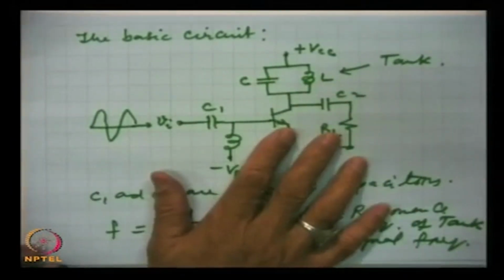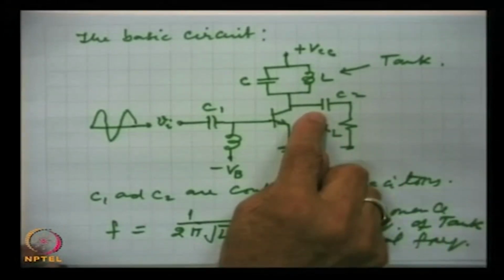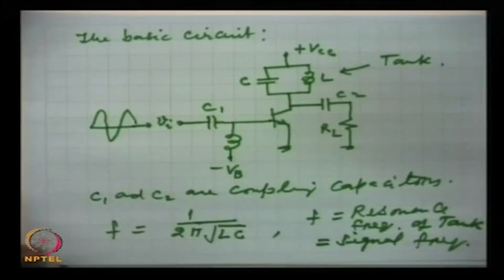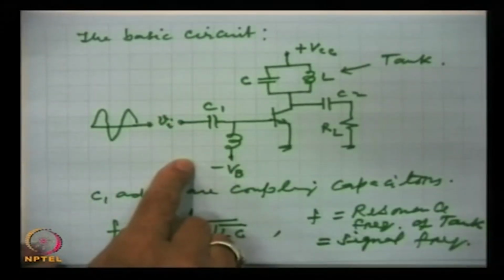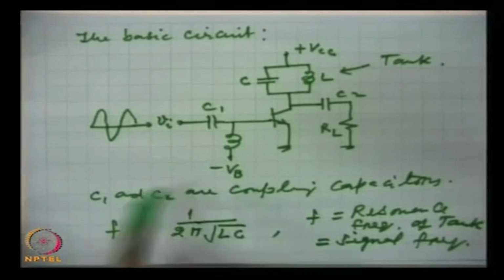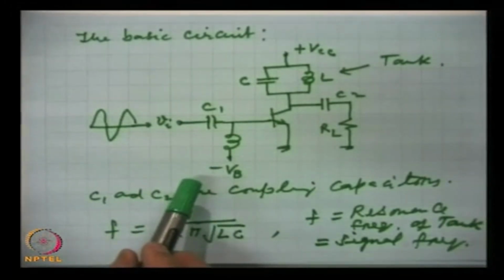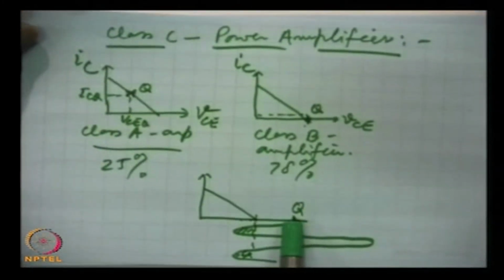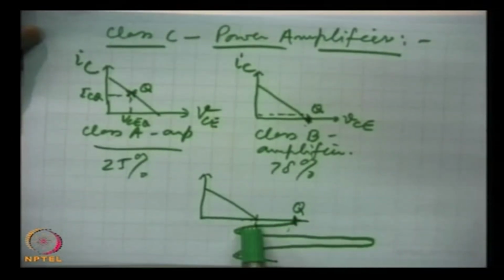Now, this is basically a common emitter circuit, and we are taking the power from the collector, and we are giving the input signal at the emitter and base. The important thing here, as I mentioned, is that in class C we bias much away from the cutoff point.